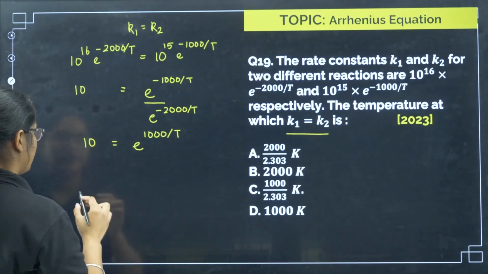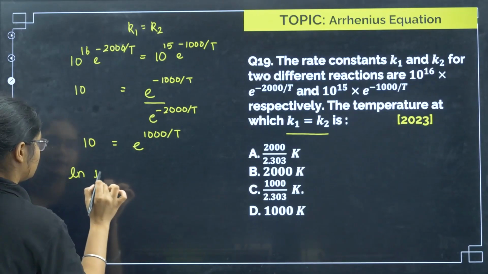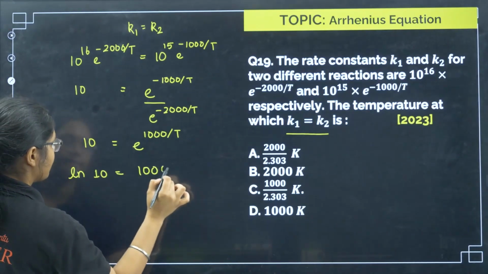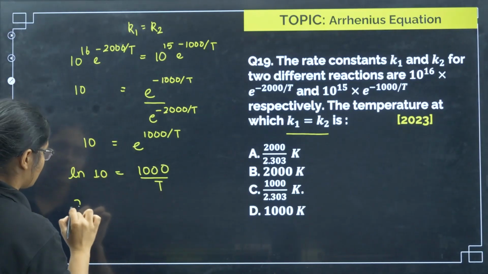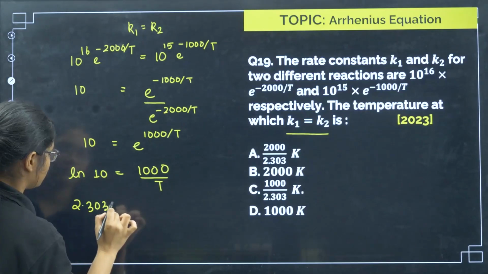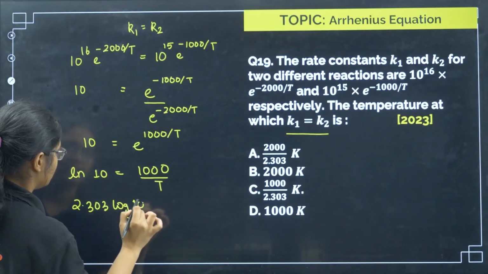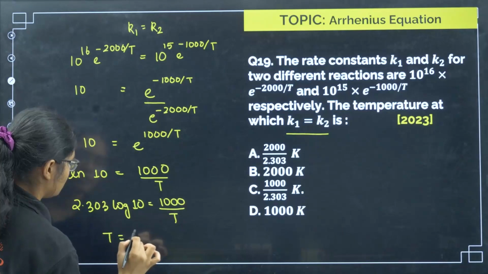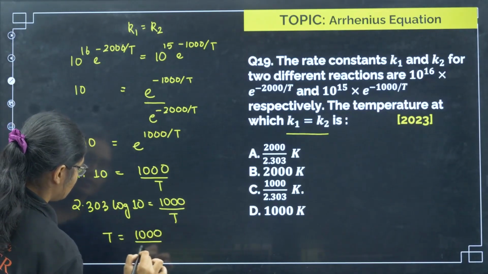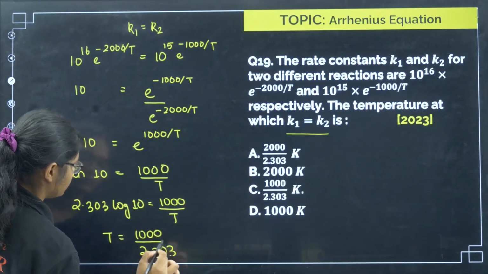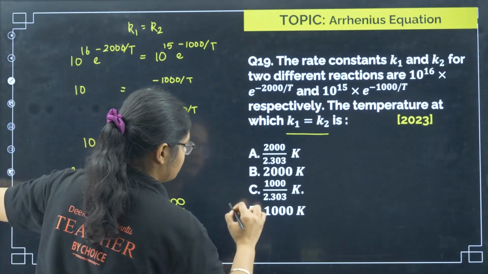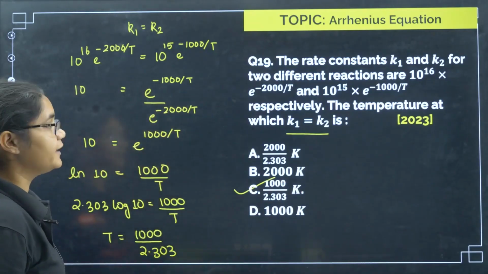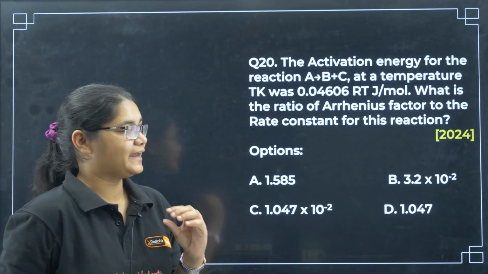Now take ln on both sides. ln 10 will be equal to 1000 by T. ln I can convert as 2.303 log of 10 is equal to 1000 by T. So T will be equal to 1000 divided by 2.303. So that will be option number C. Clear? So students, let's see the next question here.